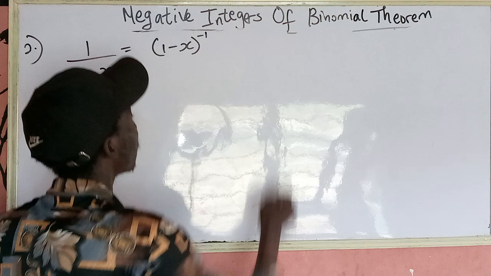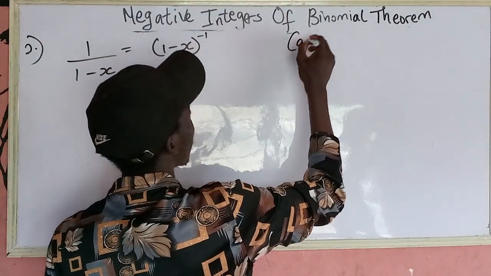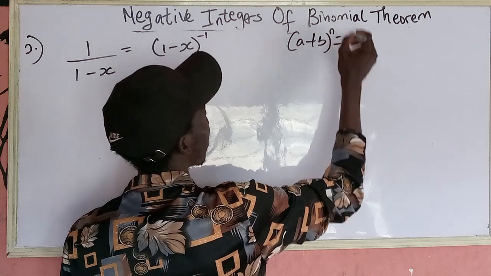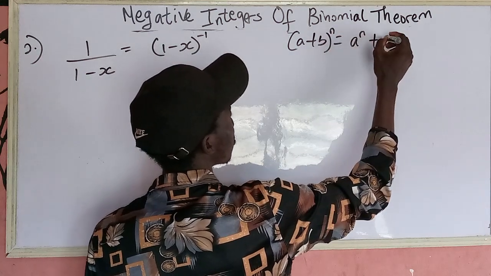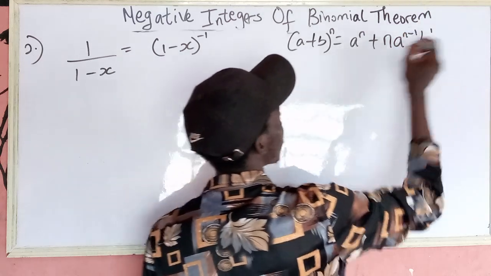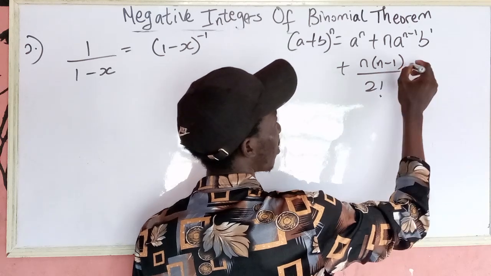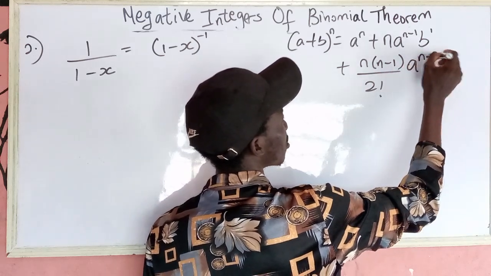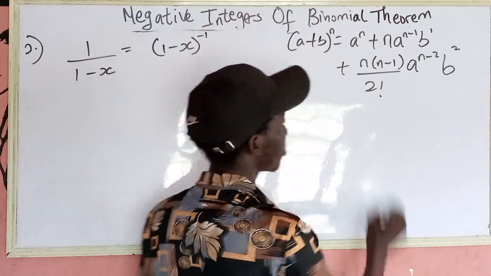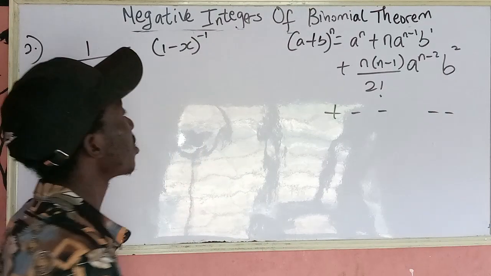What is the formula? The formula says if I have a plus b raised to power n, that's a raised to power n plus n a raised to power n minus 1 b raised to power 1 plus n times n minus 1 over 2 factorial a raised to power n minus 2 b squared, and you have a continuous number of terms.